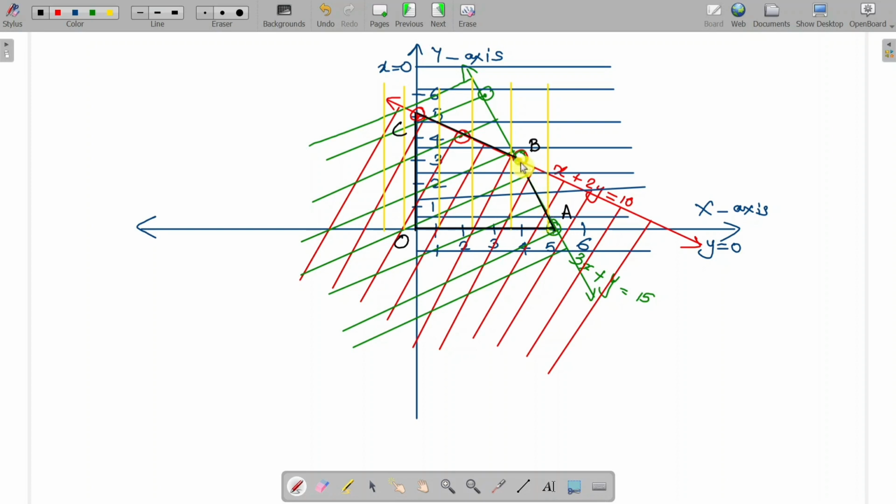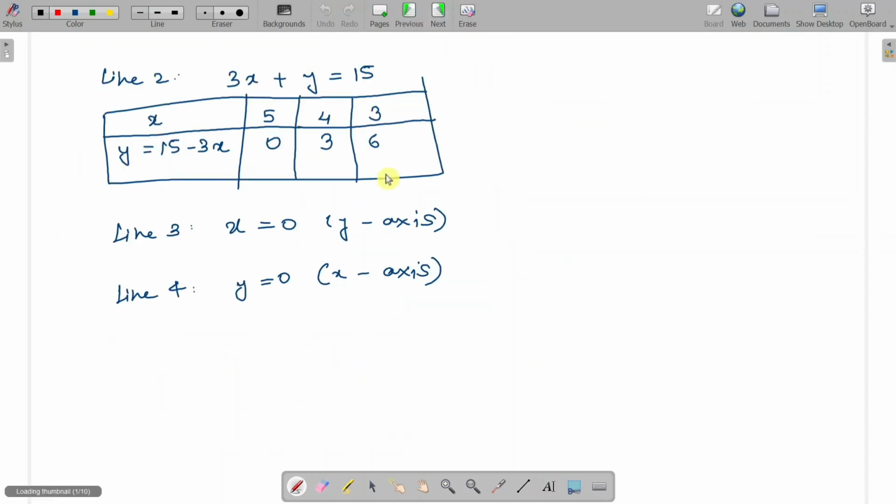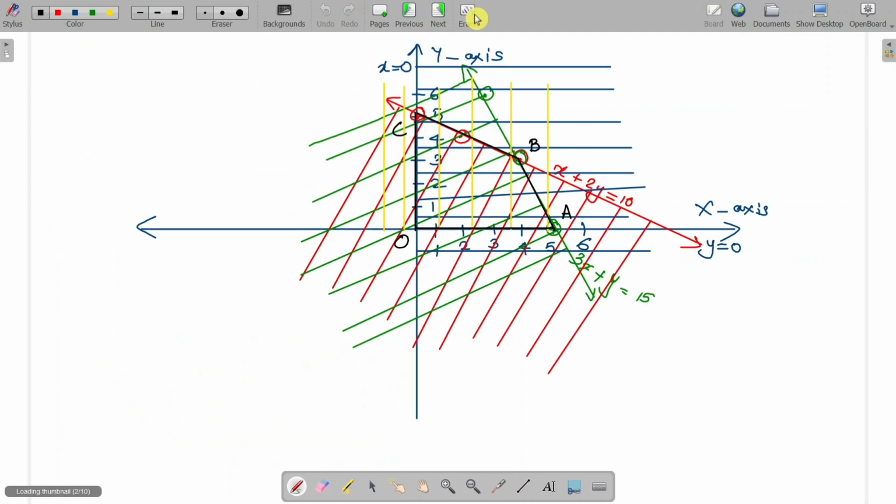The point B is the common point between the two lines, so no need to find it by simultaneous linear equations. So we have the point B, and C is 0, 5.